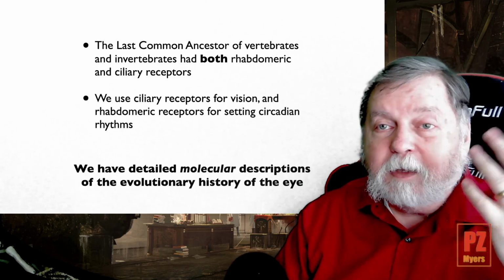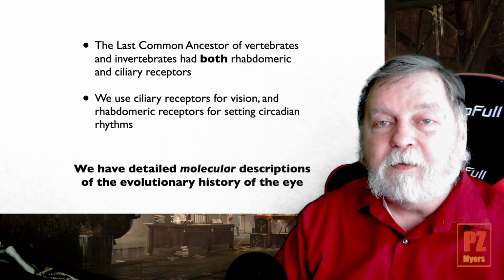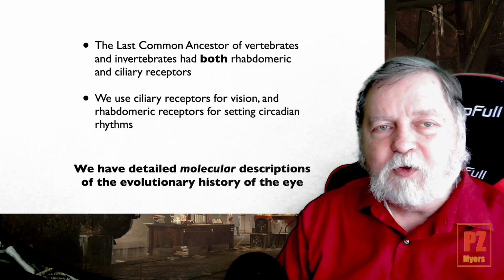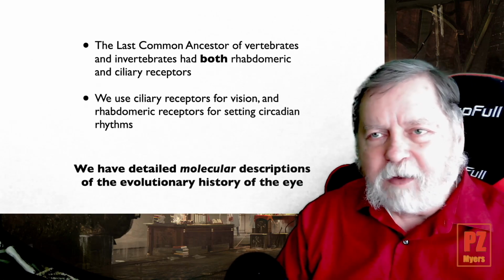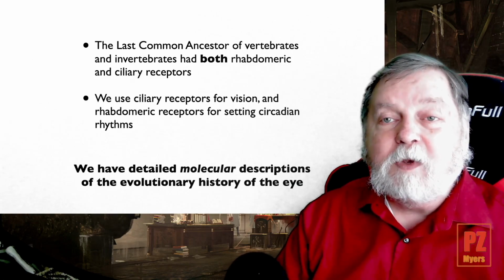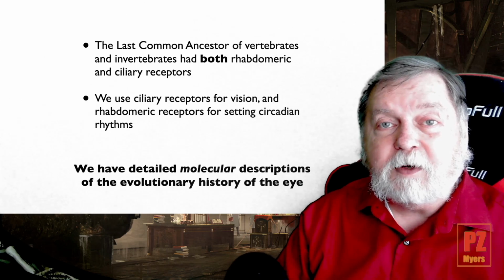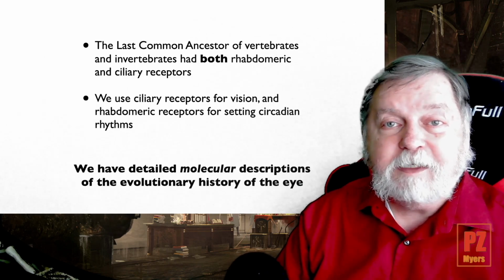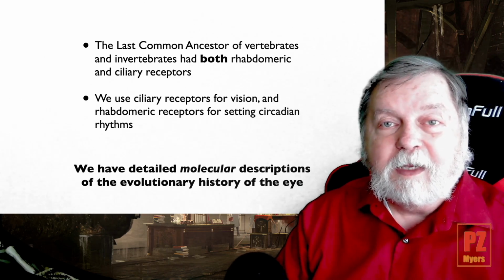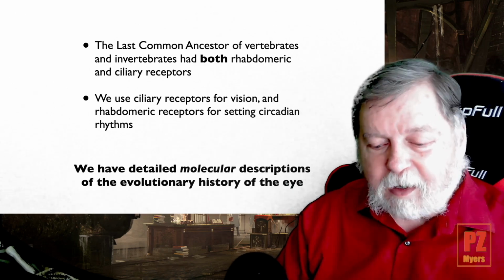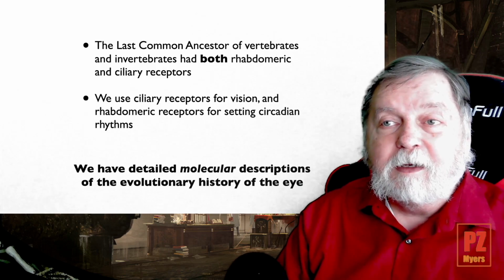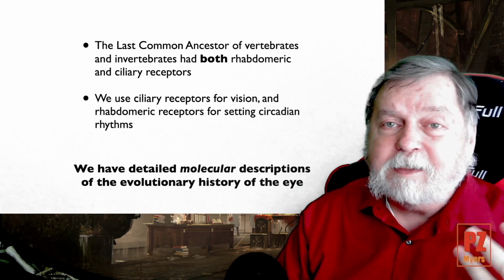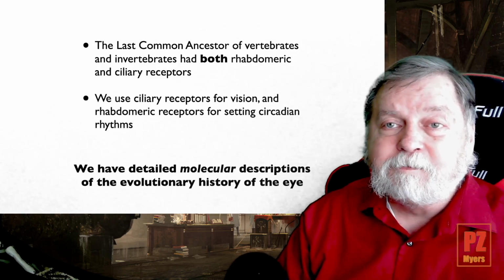And the important point there is, again, why are molecules better than fossils? Because we have detailed molecular descriptions of the evolutionary history of the eye. We do not have detailed fossil descriptions. Eyes just don't preserve very well. And the key differences are those things like ciliary versus rhabdomeric, and you typically can't see those in a fossil.